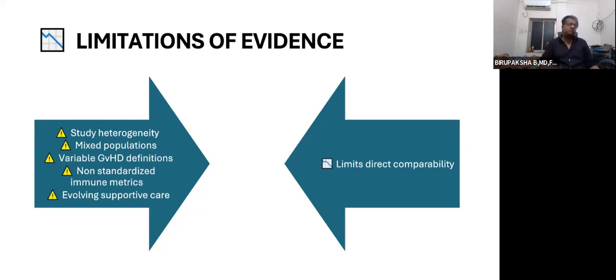Along with the 3, the liver, GIT, and the skin, we have the mucosa, oral mucosa, as well as the genitalia of the patient who had received the transplant, not the recipient rather. That's how it goes.